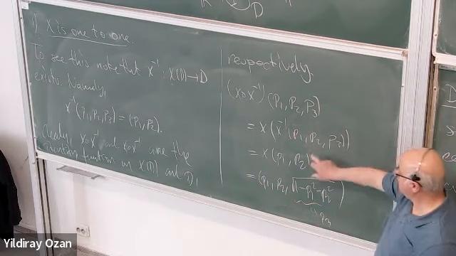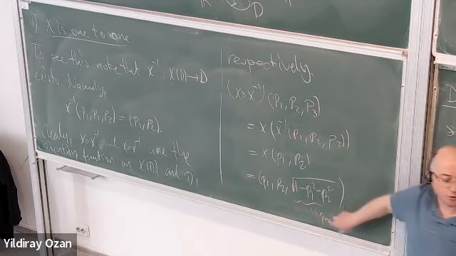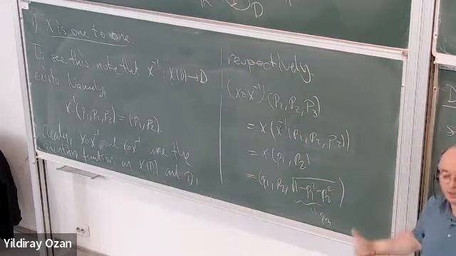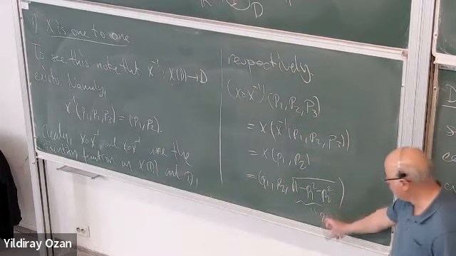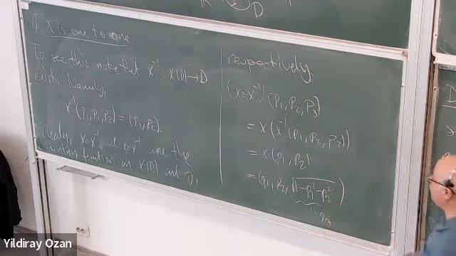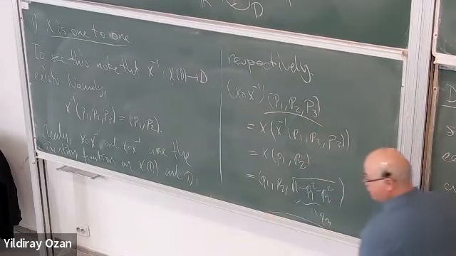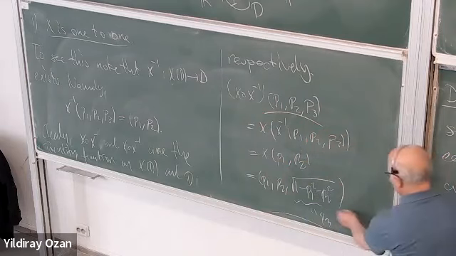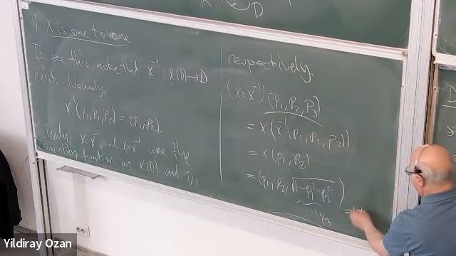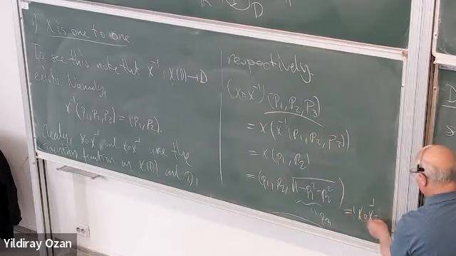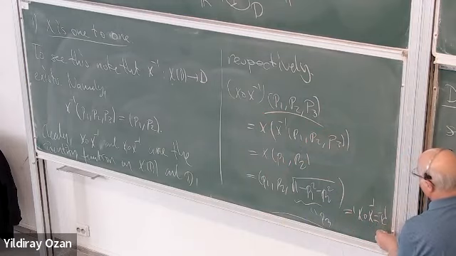So P3 is the positive square root of 1 minus P1 squared minus P2 squared. Therefore, this is just P3. So this point is just mapped to itself, right? So this implies that X composition X inverse is the identity function of X of D.